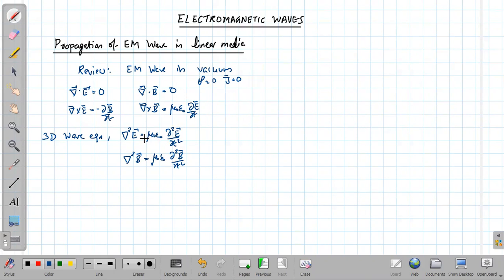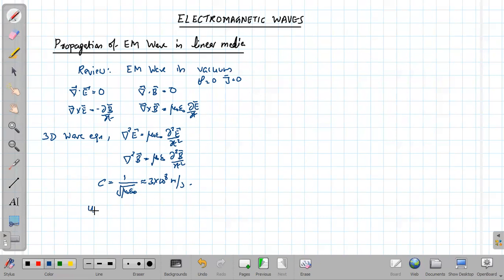The corresponding speed of the electromagnetic wave would be equal to c, which is 1 by root mu 0 epsilon 0, approximately 3 into 10 raised to 8 meters per second. That is what we have seen in case of vacuum.